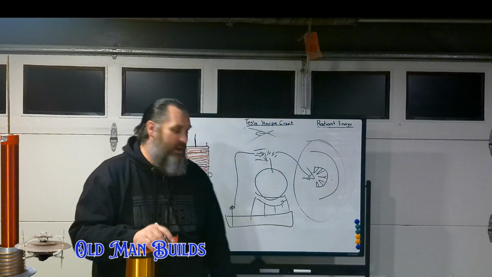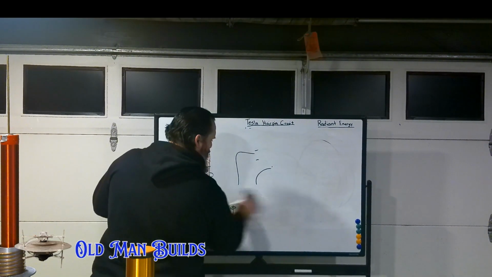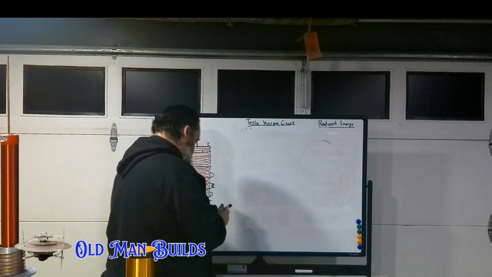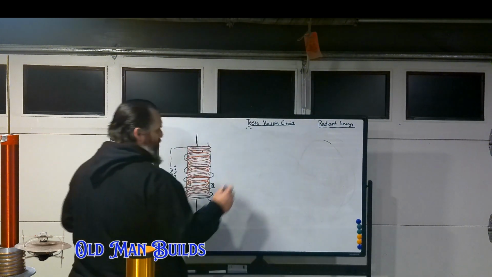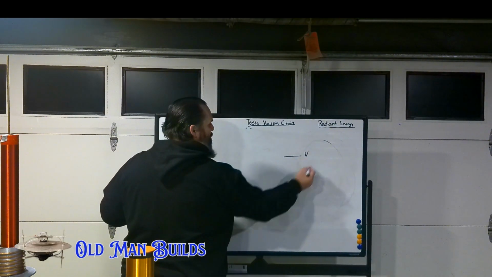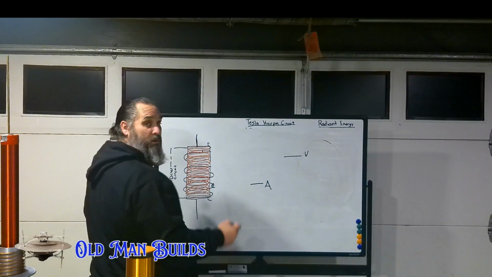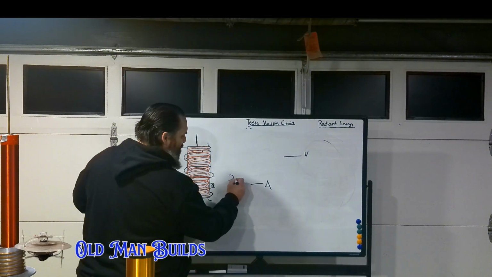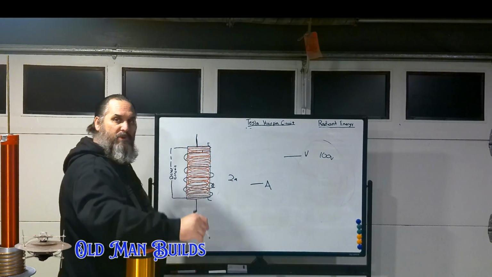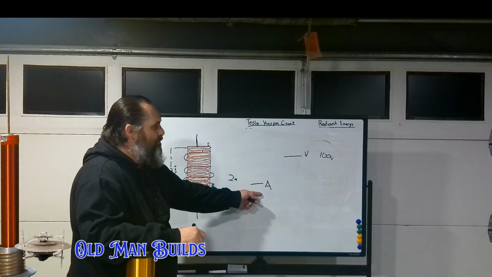I'll give you a perfect example. This right here drives me absolutely up the wall. If my voltage is up here, my amperage is down here, okay? So we'll say 2 amps, 100 volts. Pretty simple, right? Got a lot of voltage here, little amount of amperage here.